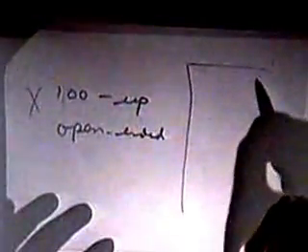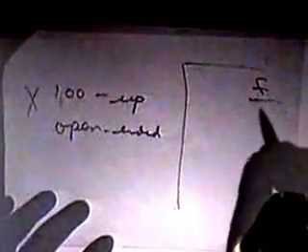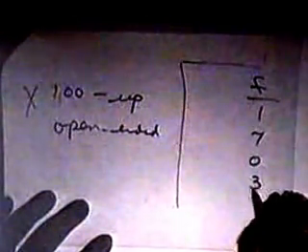An open-ended class is like your last one says 100 up. You don't know if your largest number is 200 or 2,000. This is open-ended. And another thing that could be wrong is if your frequency's over here, you should not have an empty class.